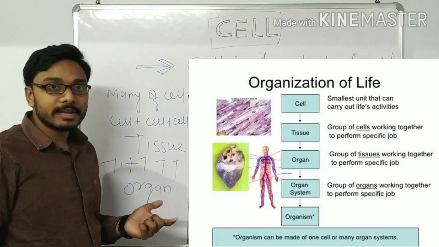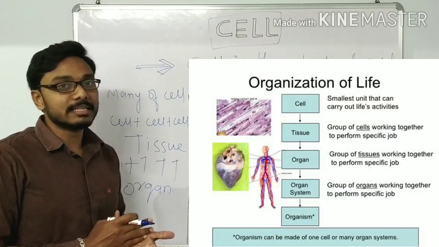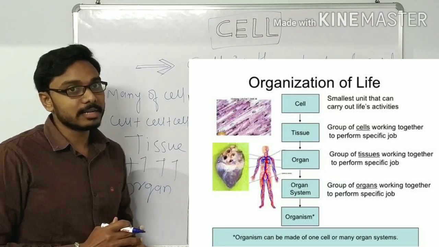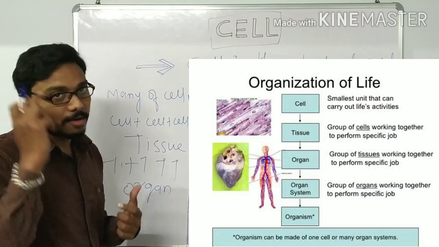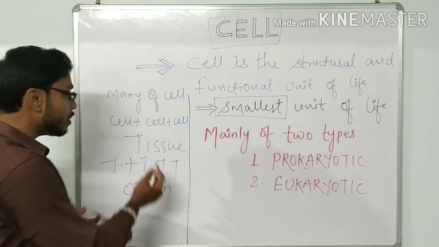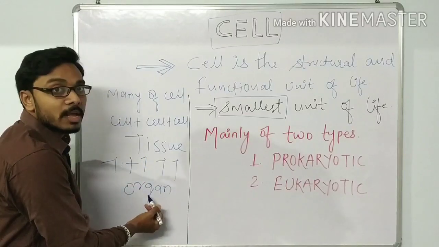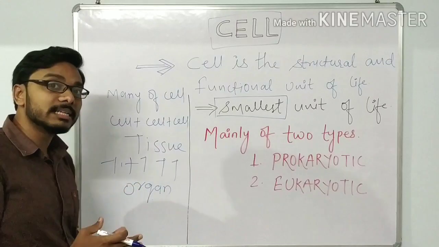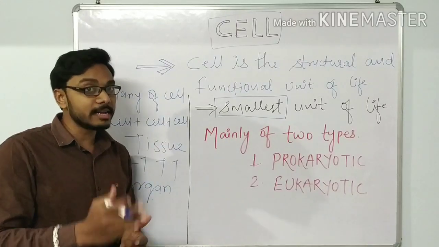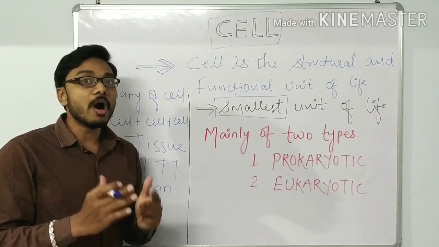And you know about the organs. We have two kinds, internal organs and external organs. What are the internal organs? That is heart, liver, our brain. These all are organs. So many tissues comprise to form an organ, many organs comprise to form an organ system, and many organ systems comprise to form an organism.